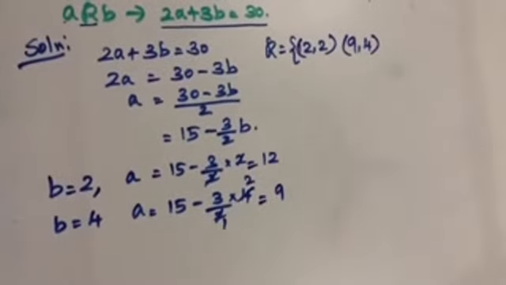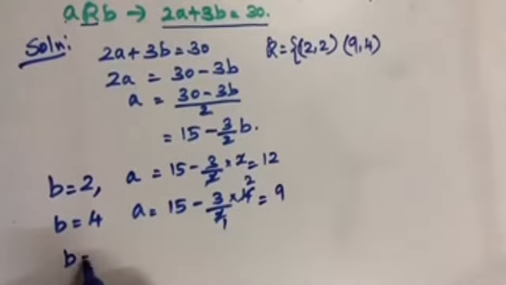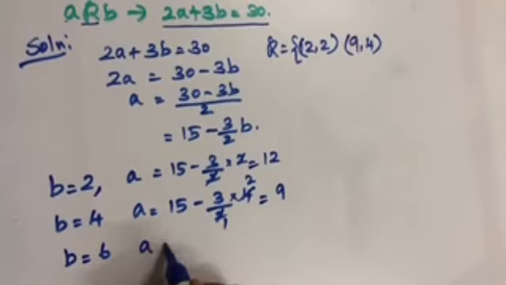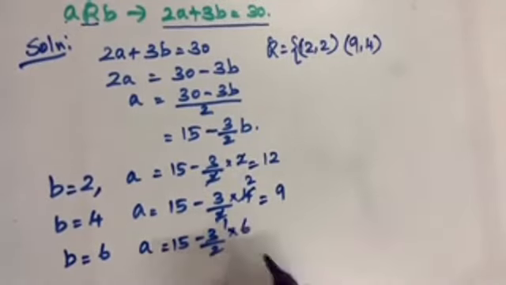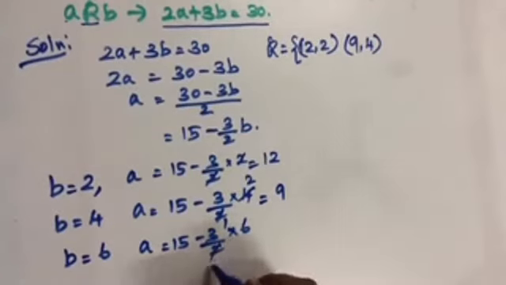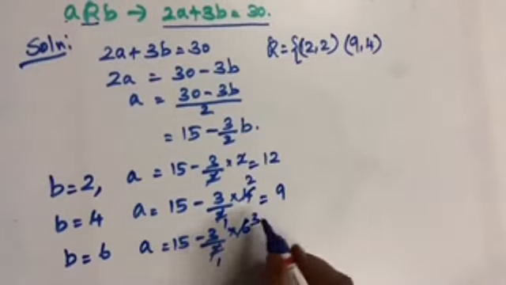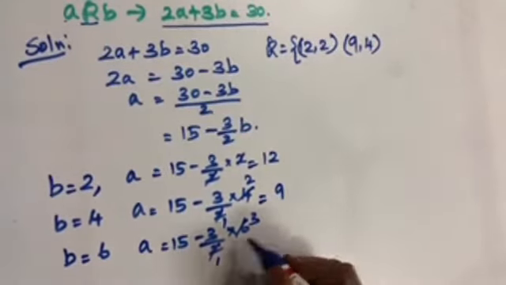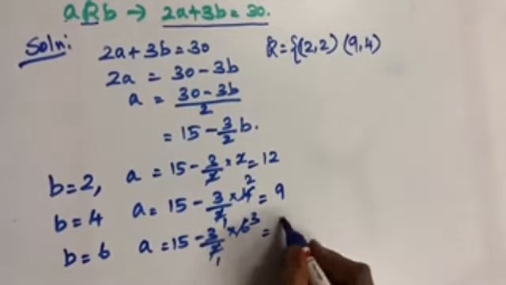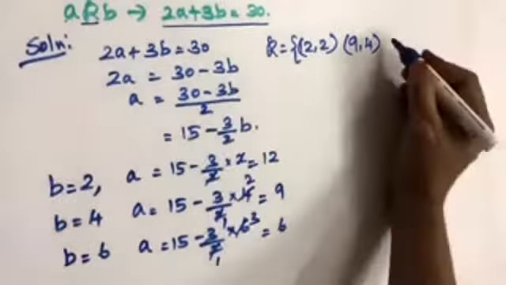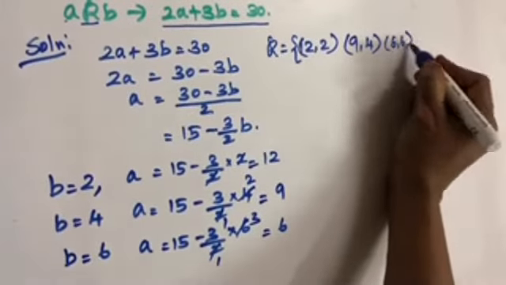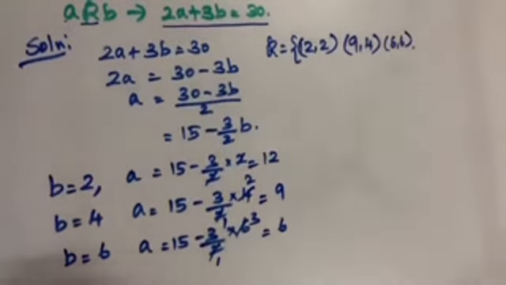Okay. Now, B is equal to 6. Then A is equal to 15 minus 3/2 times 6. So, 1 2 is 2, 3 2s are 6, 3 3s are 9. 15 minus 9, it is 6. So, A is 6 and B is also 6. So, 6, 6. Okay.